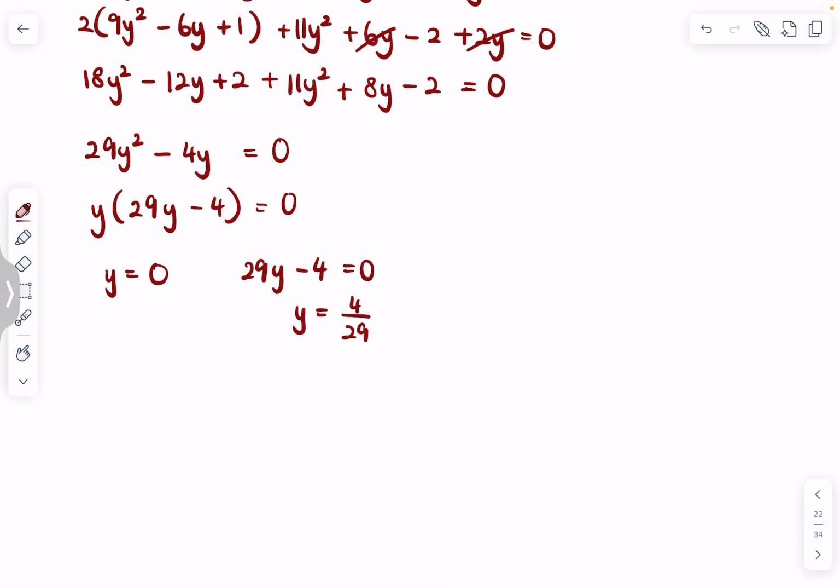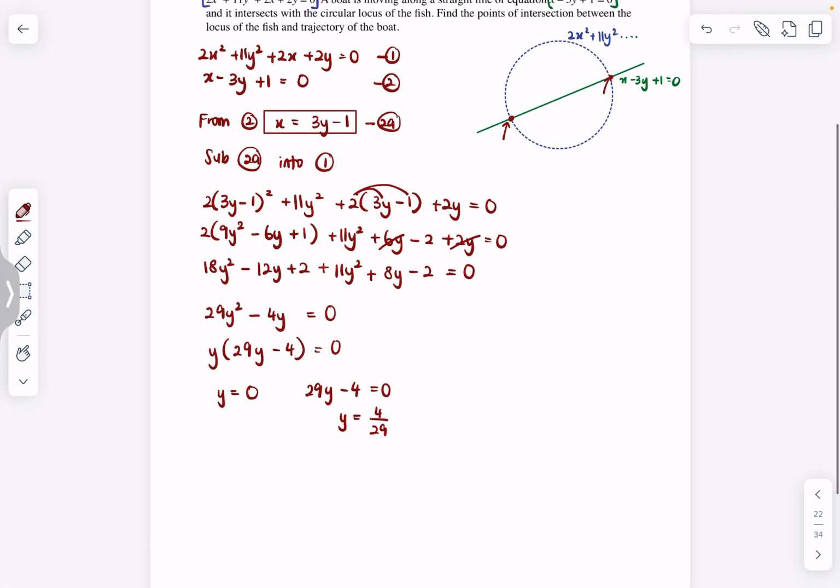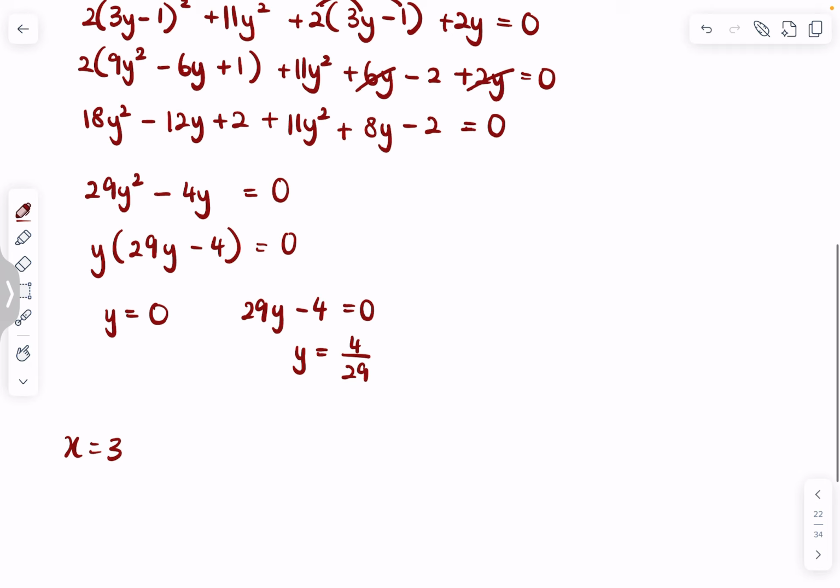Next, we need to find x. The equation of x is this one, 3y minus 1. So x is 3 of y minus 1. So 3 times 0 is 0, minus 1 is negative 1.